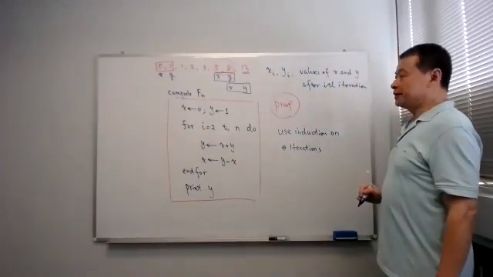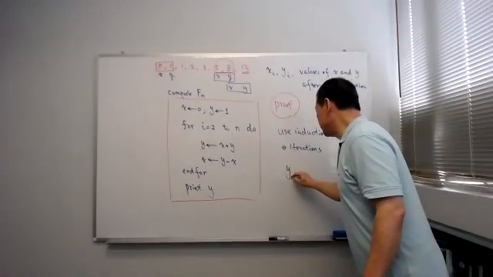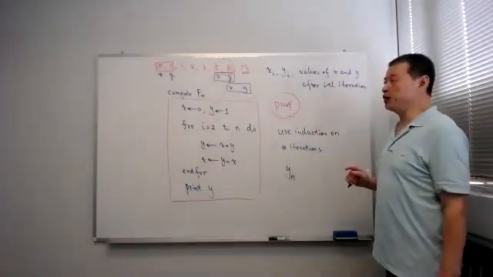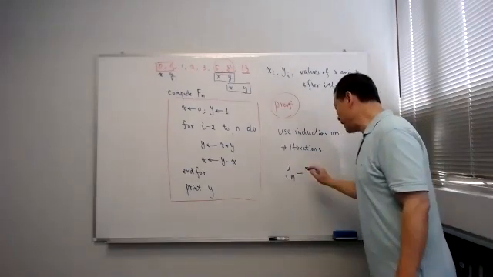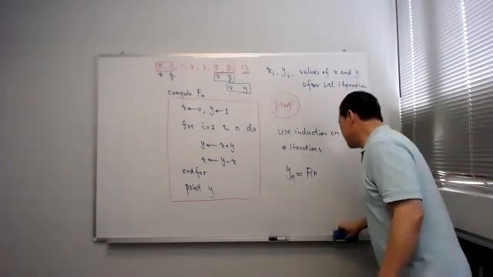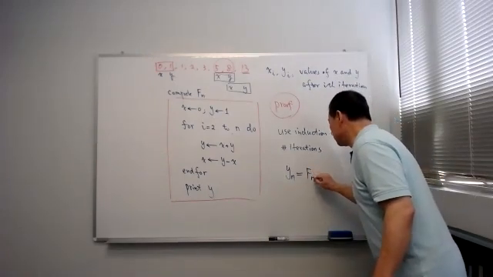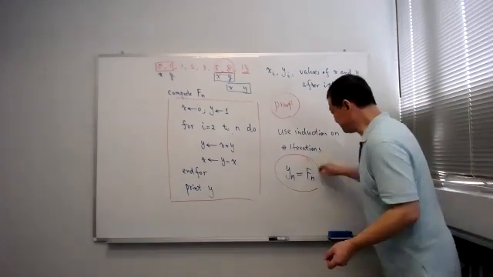All right, so eventually we get y, so that's yn. In order to prove this indeed computes the nth Fibonacci number, what we need to prove is yn equals fn. So that's our statement. We need to prove this one.